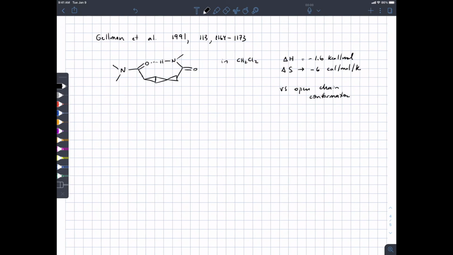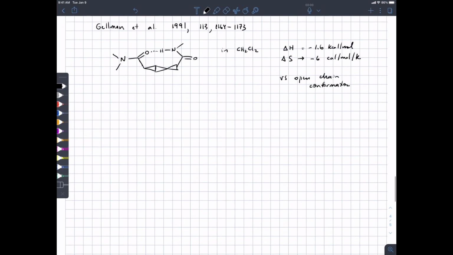Okay, so as you know, alpha helices in proteins have hydrogen bonds between carbonyl oxygens and amide nitrogens. So here is a helix, a terribly drawn helix. Here is a carbonyl oxygen. This is the N terminus of the peptide. This is the C terminus.